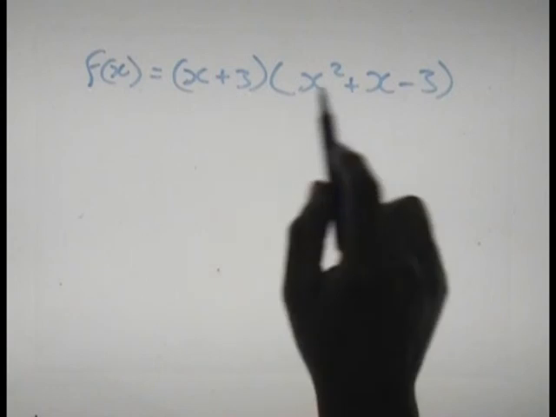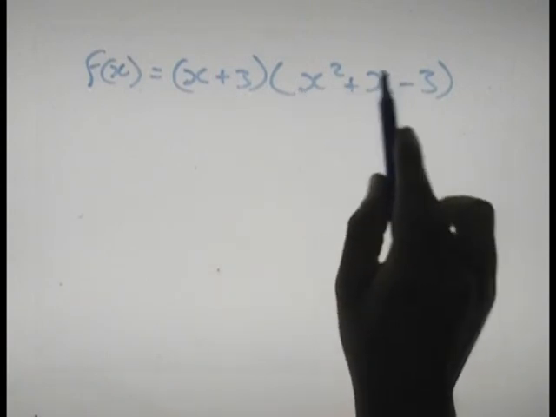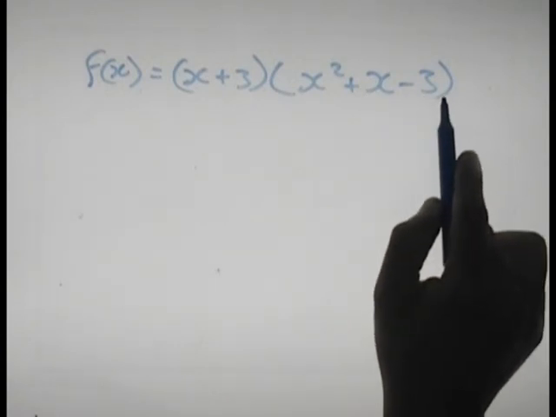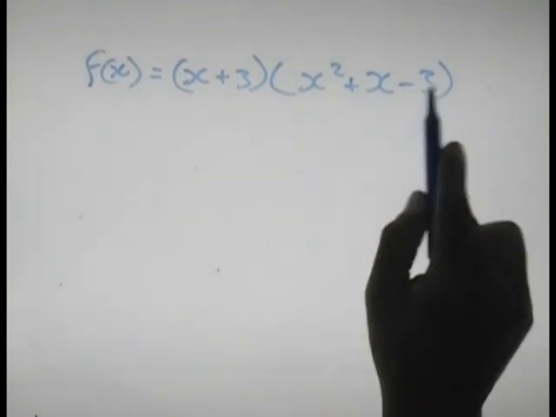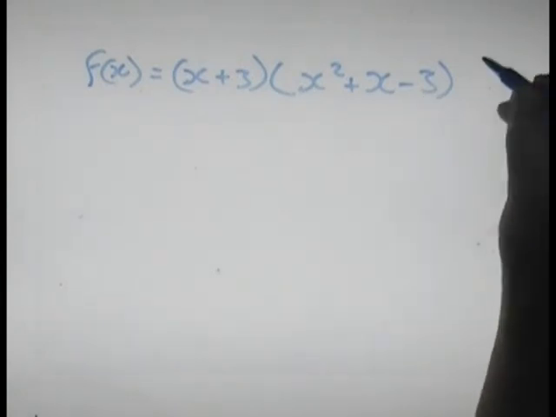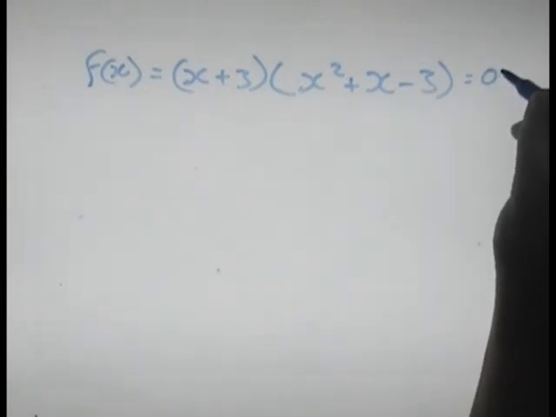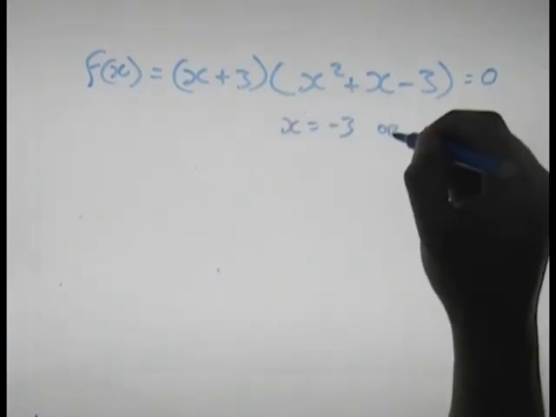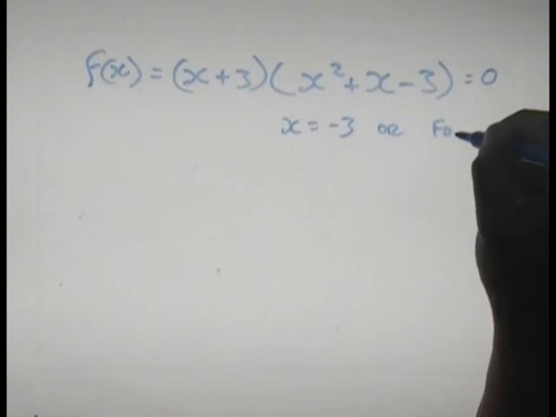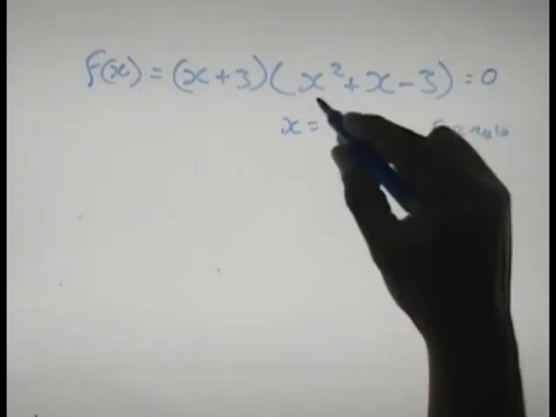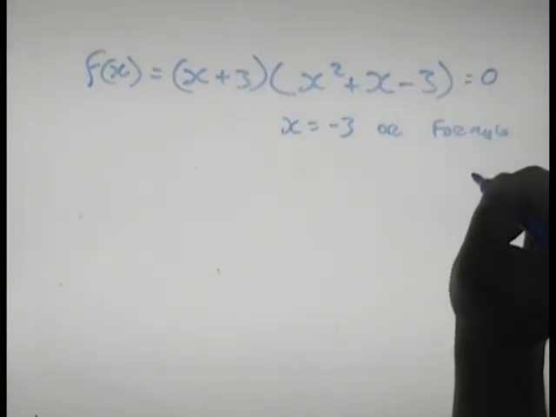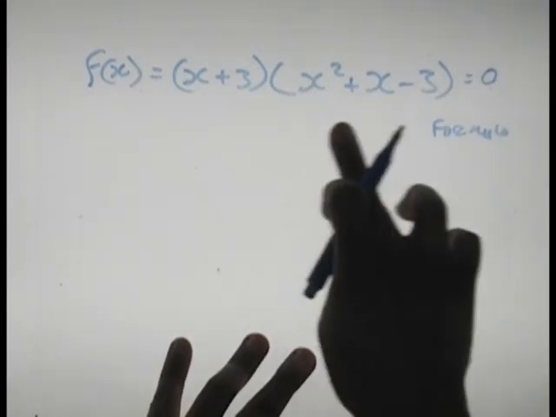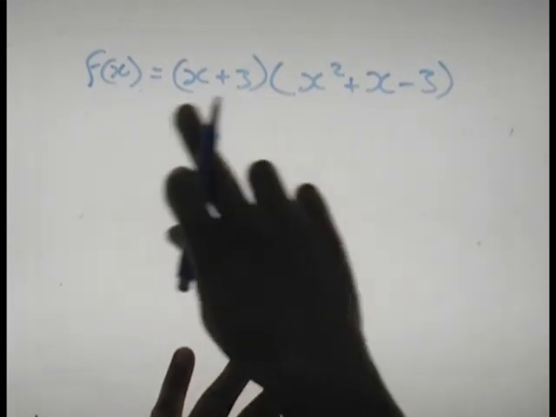We cannot factorize this any further, because x squared plus x minus 3 can't be factorized. If this were equal to 0, I would then say x is equal to negative 3, and I'd use my formula to work out my other two x values. However, I did not make it equal to 0. All I asked you to do was to factorize it.